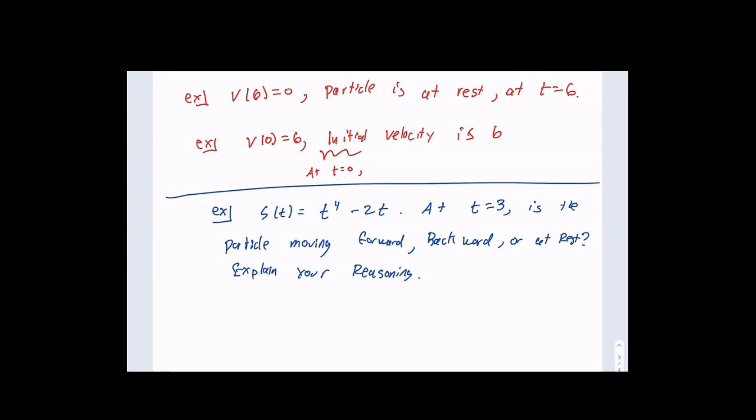So if you plug in 3, and we have the knowledge now based on what we've covered, S of 3 finds you the position, the location at time equals 3. Is that going to help me with this question?